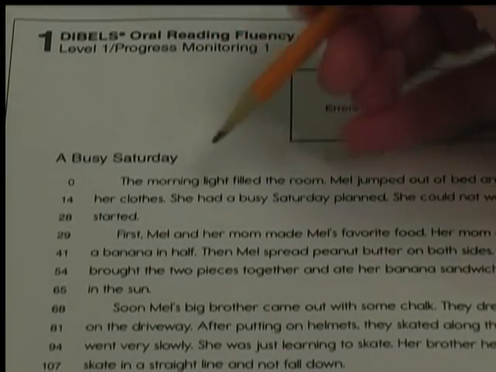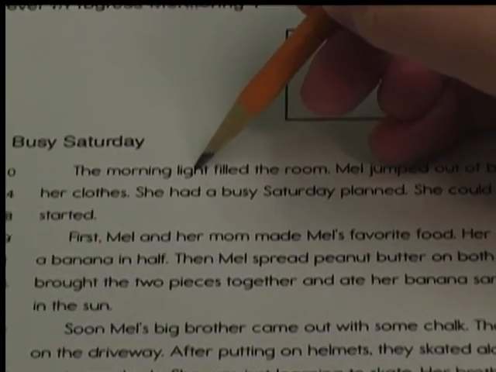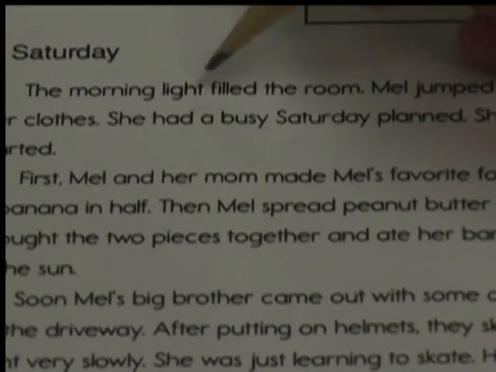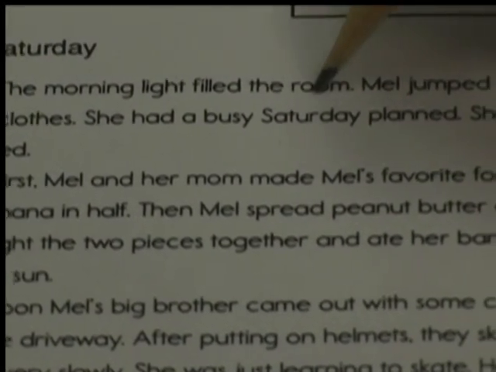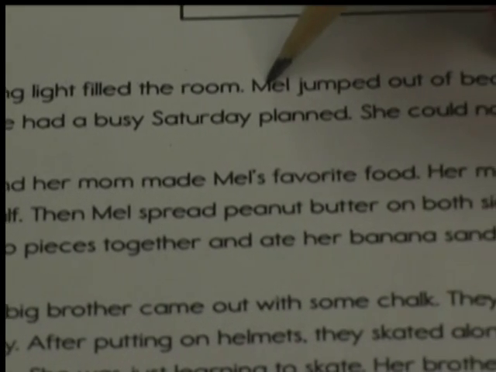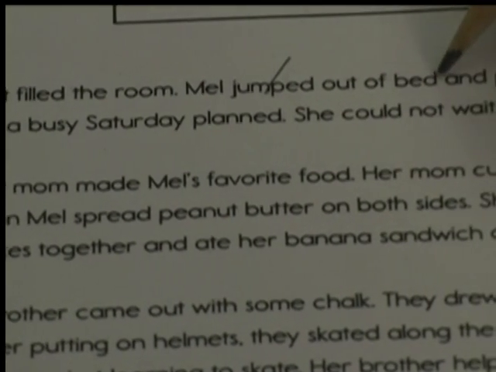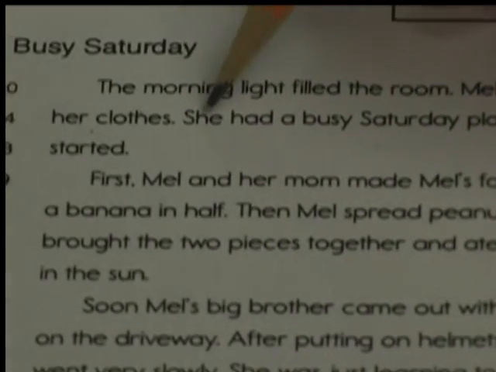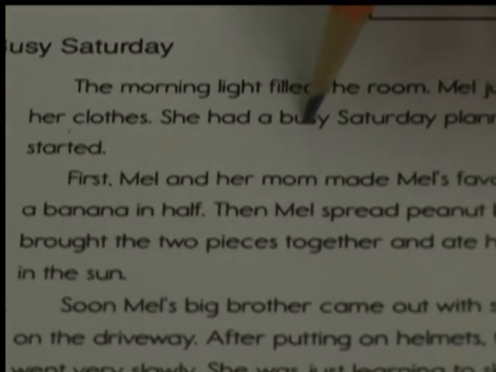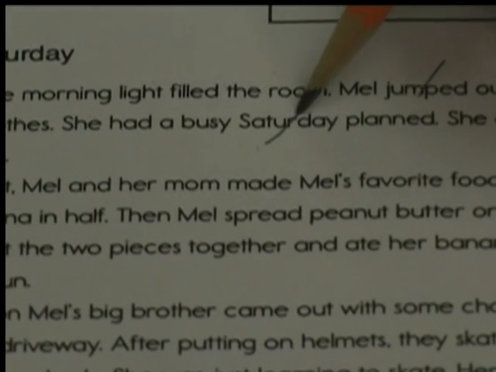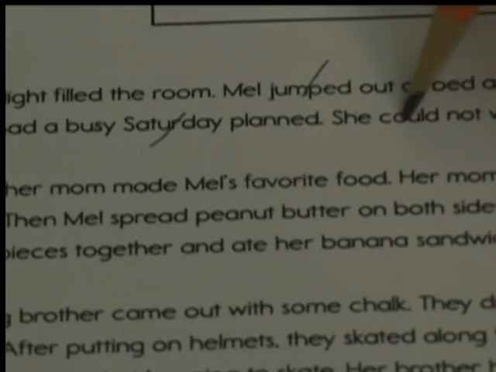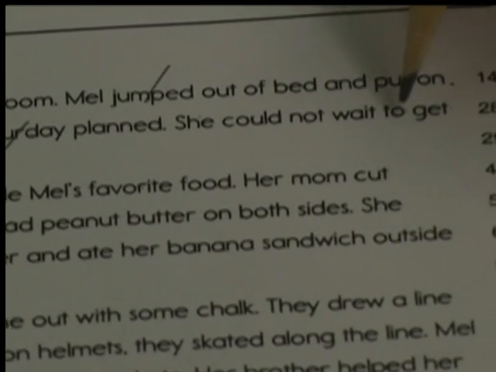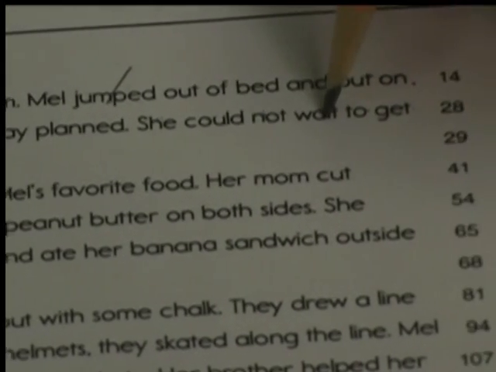The morning light filled the room. Mel jumped out of bed and put on her clothes. She had a busy Sunday planned. She could not wait. She could not wait to get started.